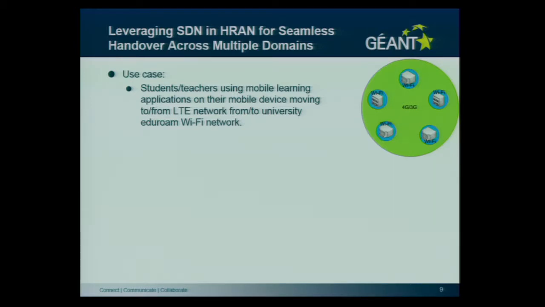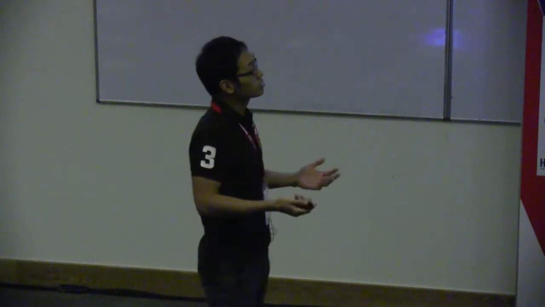Walking along the campus from this building to the other, it's very possible that your device, a wearable, phone or tablet, will switch from Wi-Fi to LTE and then from LTE back to Wi-Fi again, while you're using applications like e-learning or mobile learning. You don't want to re-log in, and you don't want to refresh your page. So the use case is this.